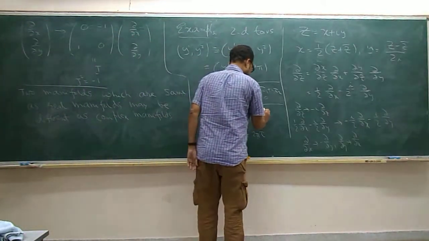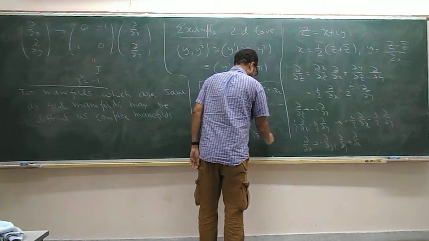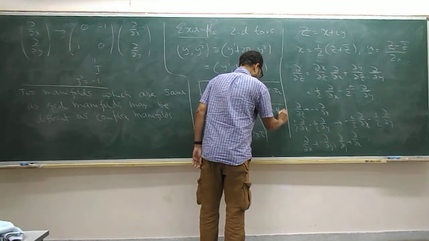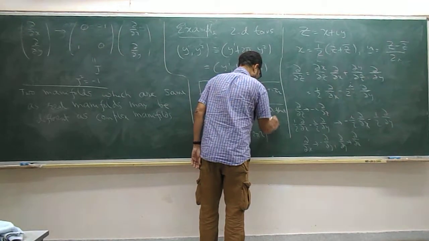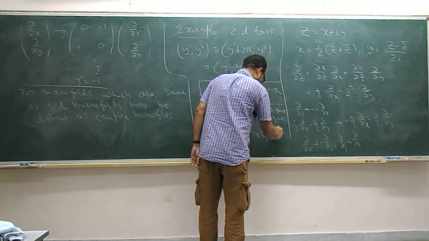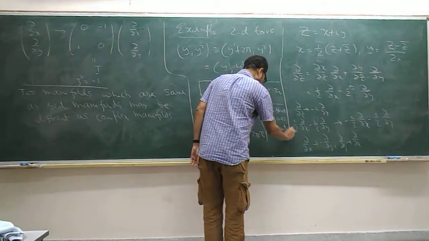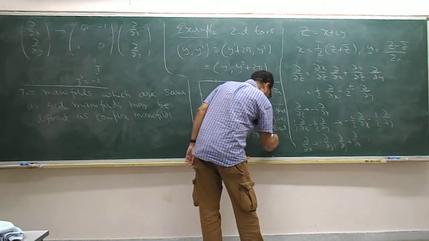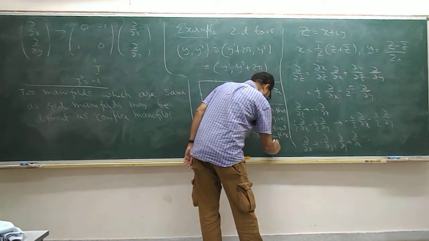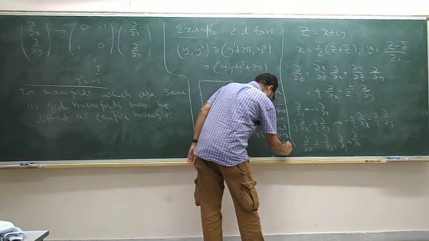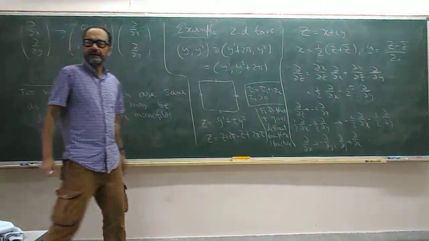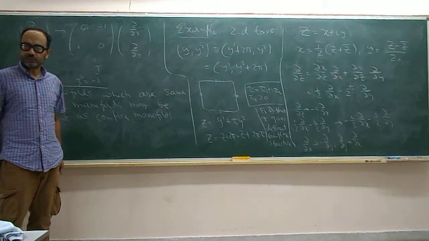Exercise: show that different tau gives different complex structure, which basically means that it's impossible to find a coordinate transformation that relates these two different tau.